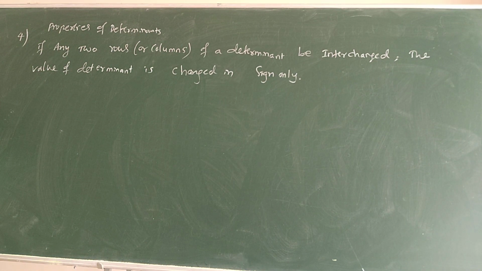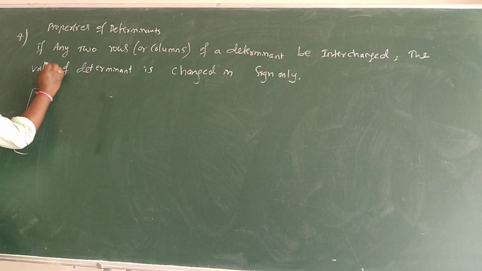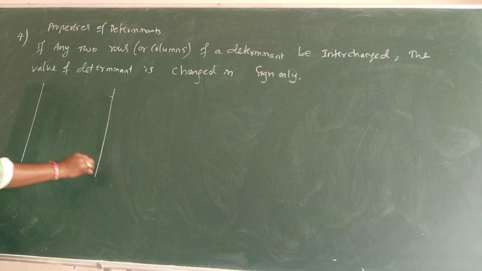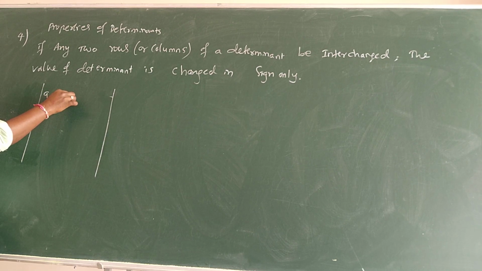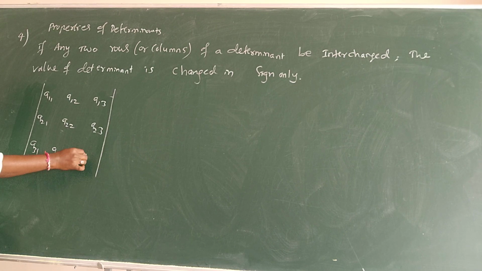What this property says: if you interchange any two rows or any two columns, like here, suppose you have a determinant with entries A11, A12, A13, A21, A22, A23, A31, A32, A33.